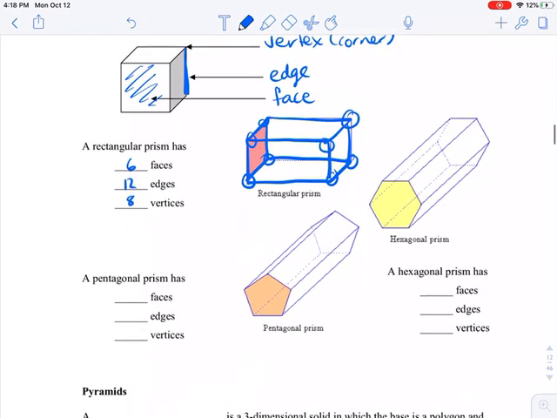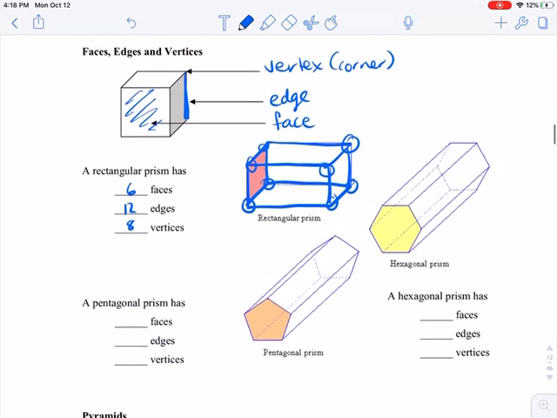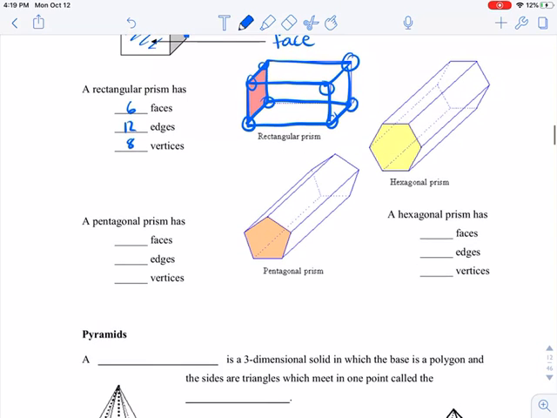All right, a pentagonal prism has how many faces? Well, we've got the front face, that's 1. The back is 2. And then it's a pentagon, so there are 5 sides all around. So 1 front face, 2 back, and then 5 around. That's 7 faces in total.